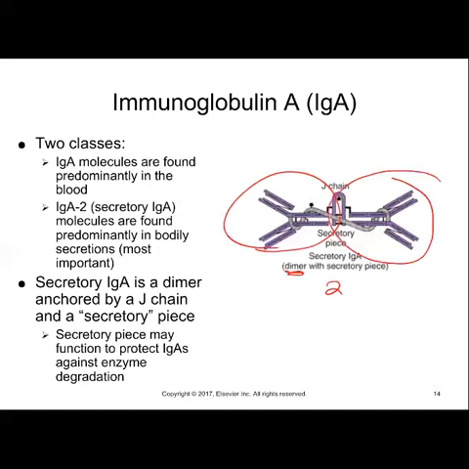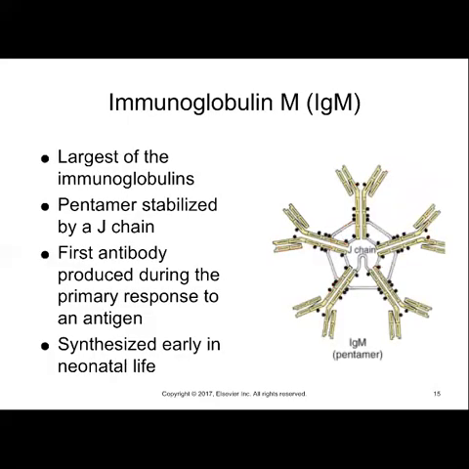They're identical, and they're attached to each other through a J chain and a secretory piece. What the secretory piece likely does is protect the IgA molecules from enzyme degradation, to keep their half-life increased.